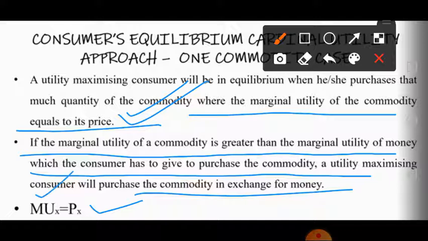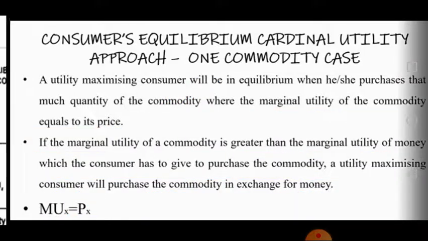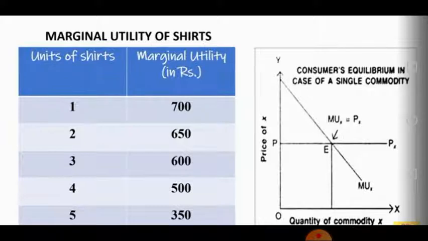So MUx is the marginal utility of the commodity, X is your commodity, and Px is the price of the commodity. Both are equal, so the consumer will get the satisfaction in this situation, this condition. Here is the diagram given.